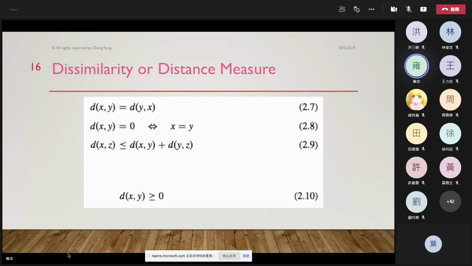If y is not on the line from x to z, then the distance from x to z is strictly less than the distance from x to y plus the distance from y to z, because these 3 points form a triangle, right? The summation of two sides is strictly greater than the length of the third side.